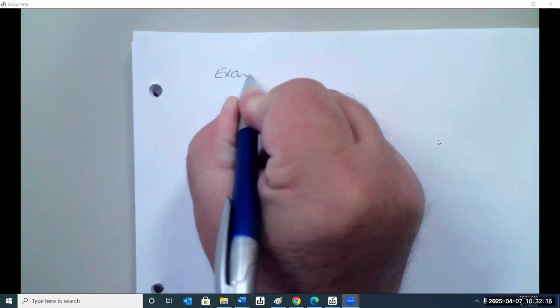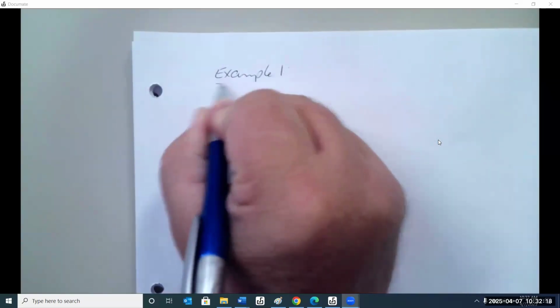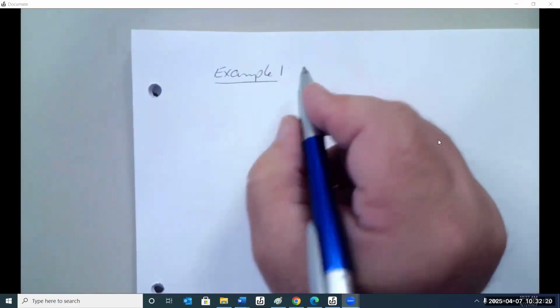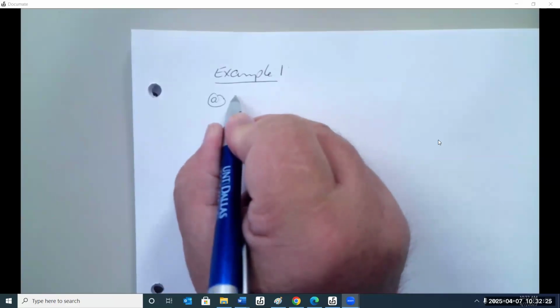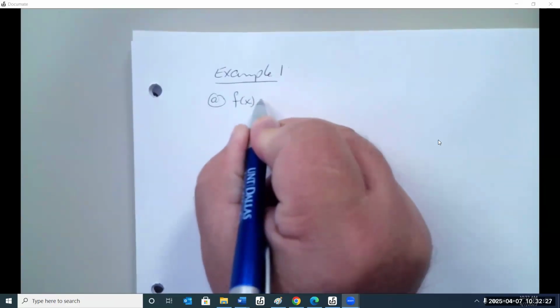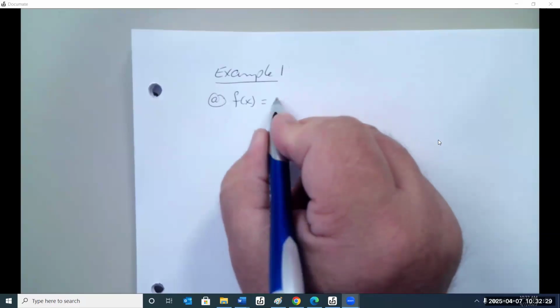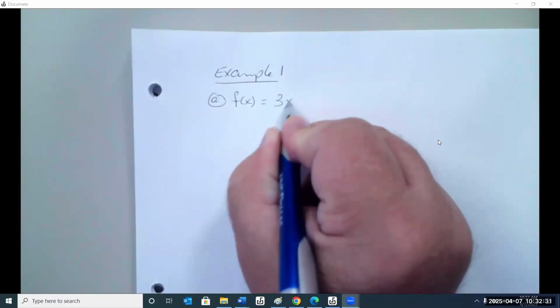Let's look at example 1. We're going to match each of these functions to their graphs by using the leading term test we just did earlier.